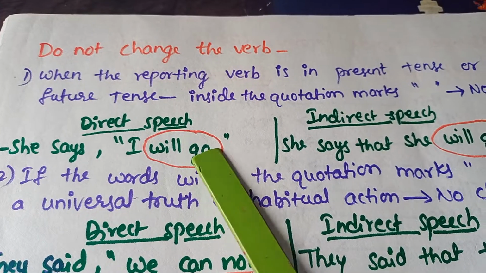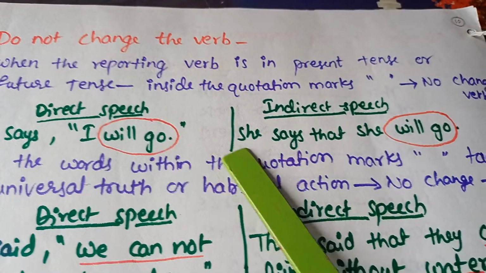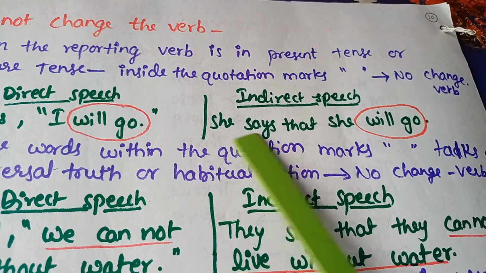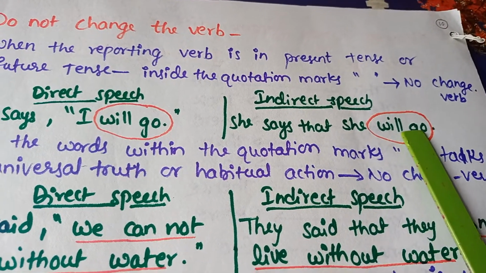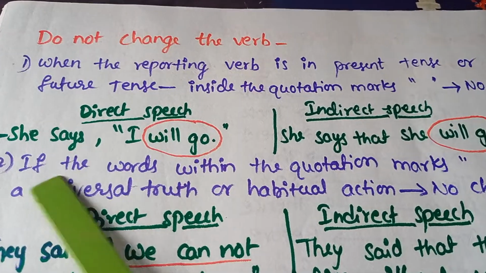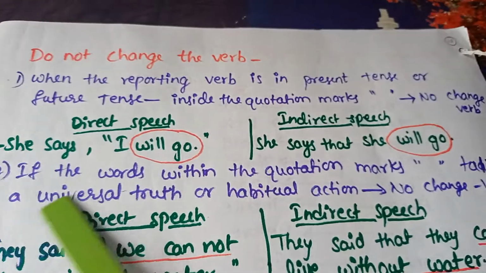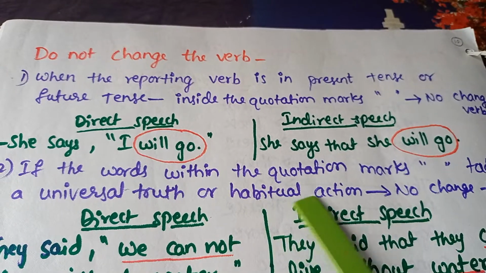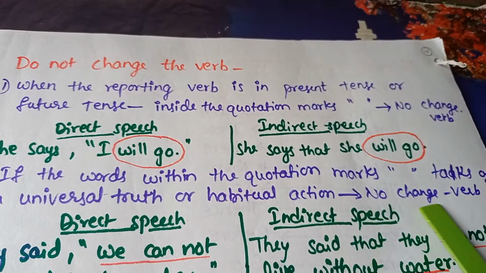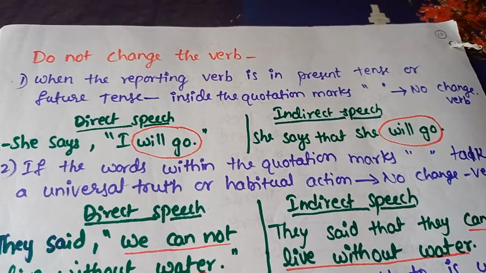In indirect speech, we write, she says that she will go. Second, if the words within the quotation marks talk of a universal truth or habitual action, there will also be no change of verb.